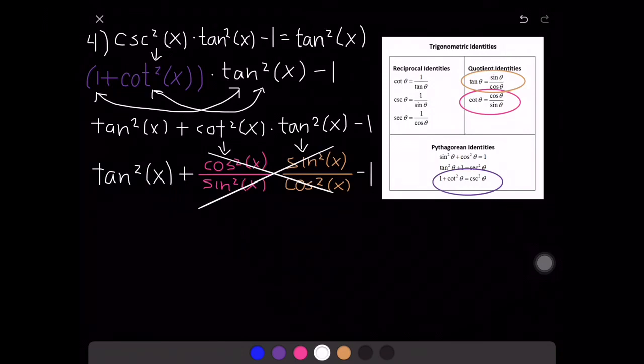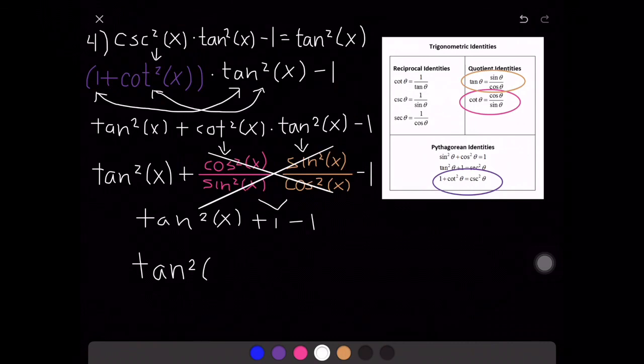Now we write squared tangent of x plus 1 minus 1, as it's pretty obvious that 1 minus 1 equals 0, so this equals tangent squared of x. Again, we're proving our identity because we have the same thing on both sides. Squared tangent of x equals squared tangent of x.